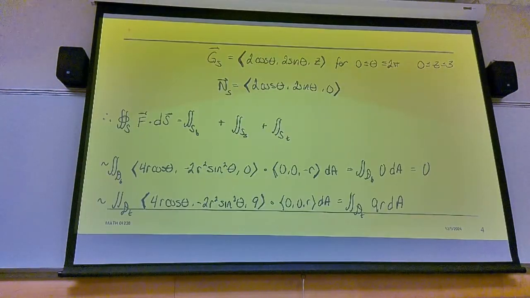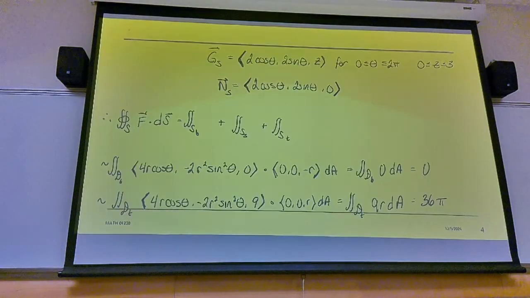What's that integral? 36 pi. How'd you get it? It would be the integral from 0 to 2 pi of 9R dR, and then same thing, but let me restart that. 9R, and the range for R is 0 to 2, range for theta is 0 to 2 pi.